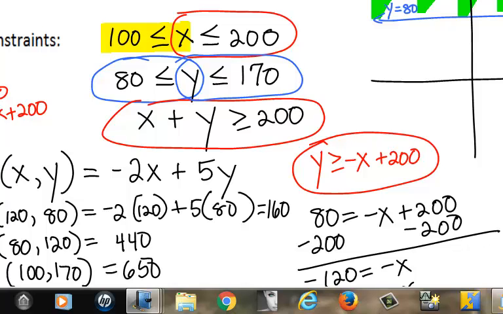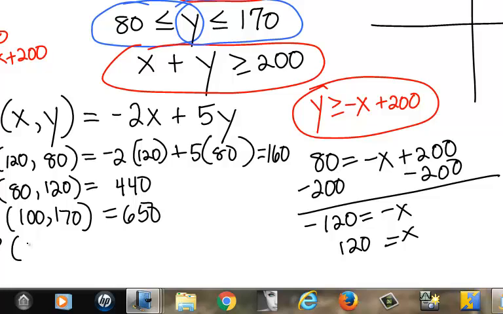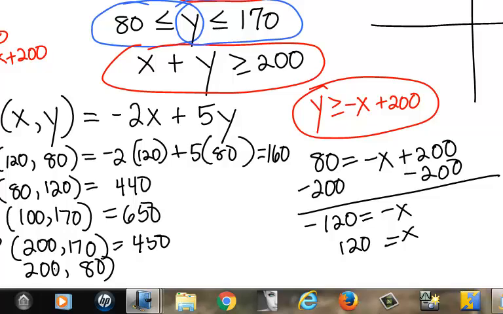Keep going around. I need 200, 170. Okay, 200, 170 should be 450. The 280 should be 0.